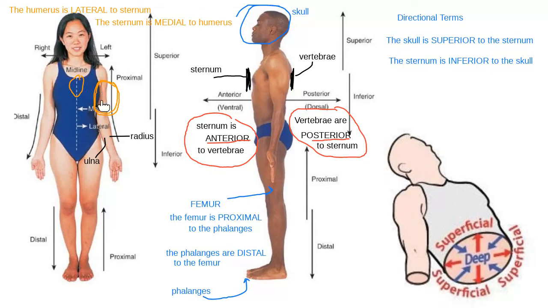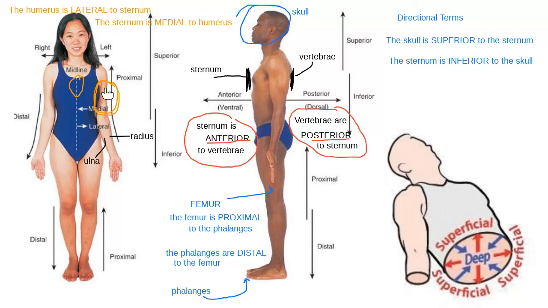Yep, the humerus is closer to the shoulder. That's my attachment site, right? The humerus is closer to my attachment site than the radius is. Or we could say that the radius is distal to the humerus. This is farther away than the humerus is.